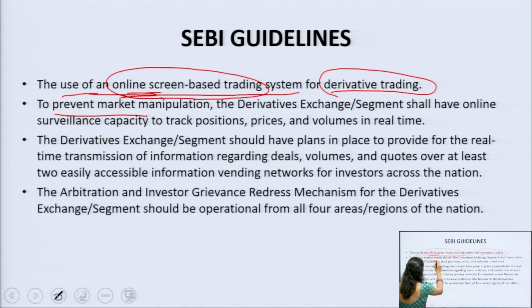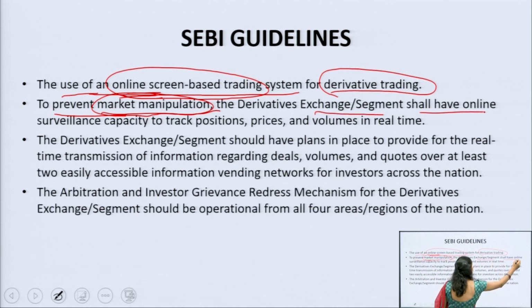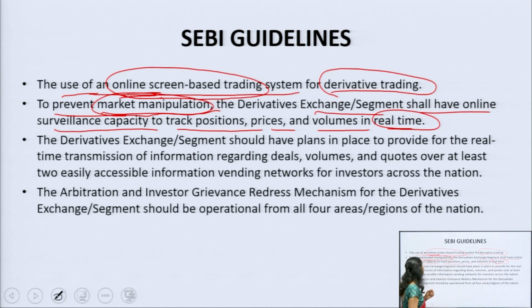Next is to prevent market manipulation. The derivative exchange or segment shall have online surveillance capacity to track positions, prices and volumes in real time. So when we talk about this statement, the first thing is real time.